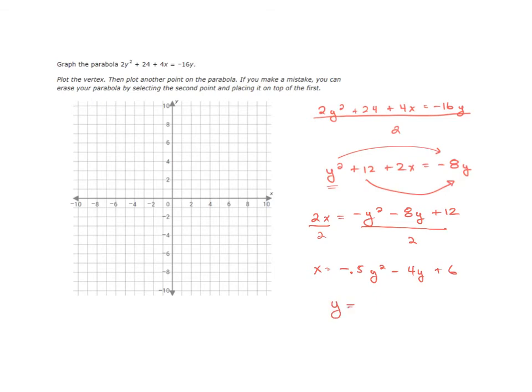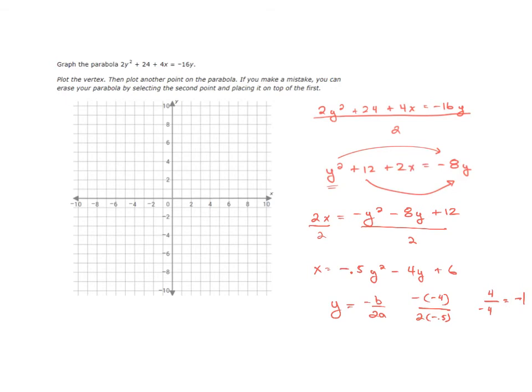And then my y is going to equal negative b over 2a, which would be negative 4 over 2 times negative 0.5, which is 4 over 4, or negative 4, or a negative 1.